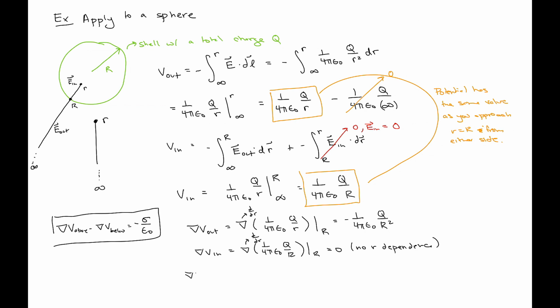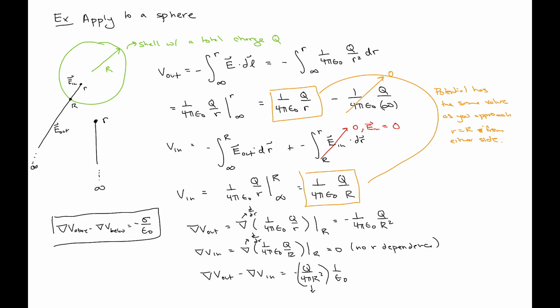So we end up getting that the partial derivative of V out minus the partial derivative of V in is equal to just negative Q over 4 pi R squared, in parentheses, times 1 over epsilon naught.